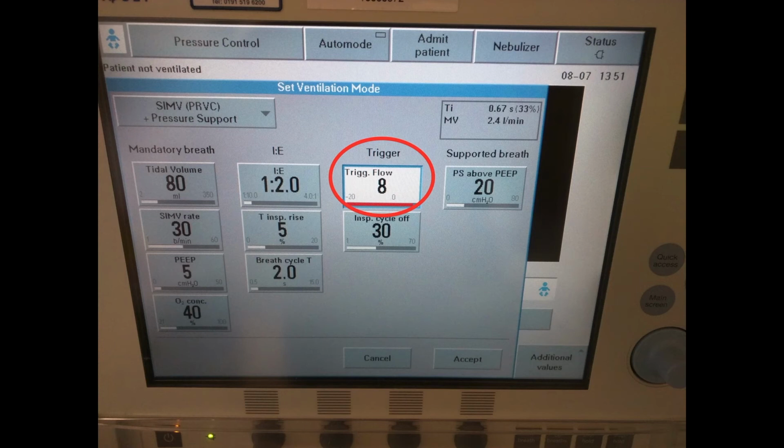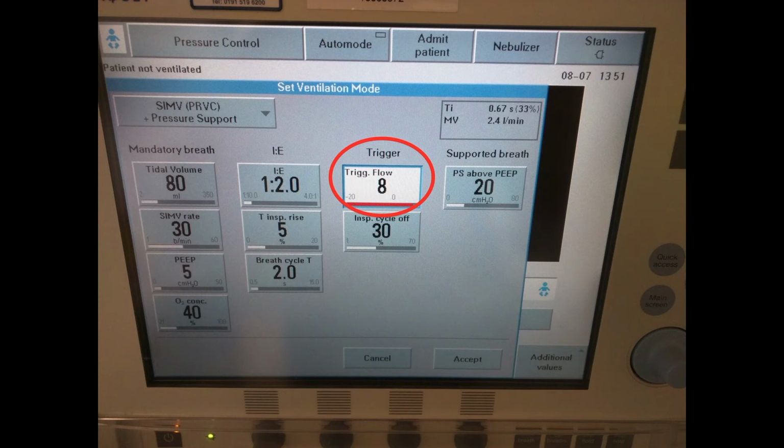So like I've said, the trigger sensitivity is normally set as a flow trigger to 5 by default on the ventilator. There are occasions where you may need to increase the sensitivity, so make it easier for the patient to take a breath. And you do this by turning the knob clockwise, and this increases the number on the flow trigger.